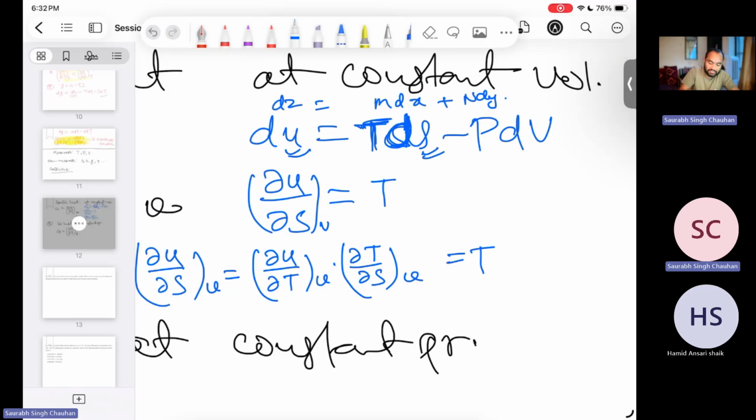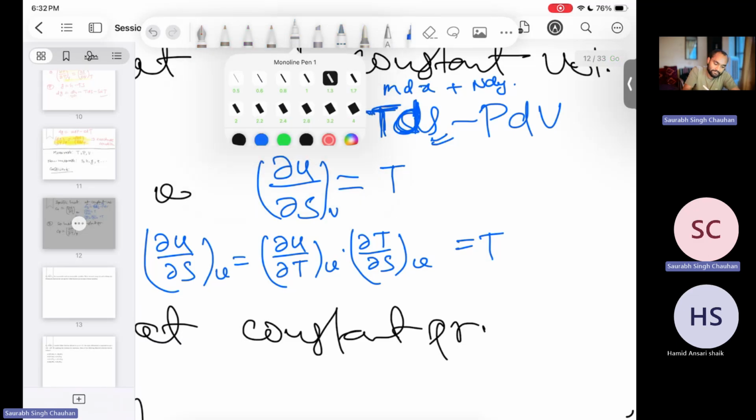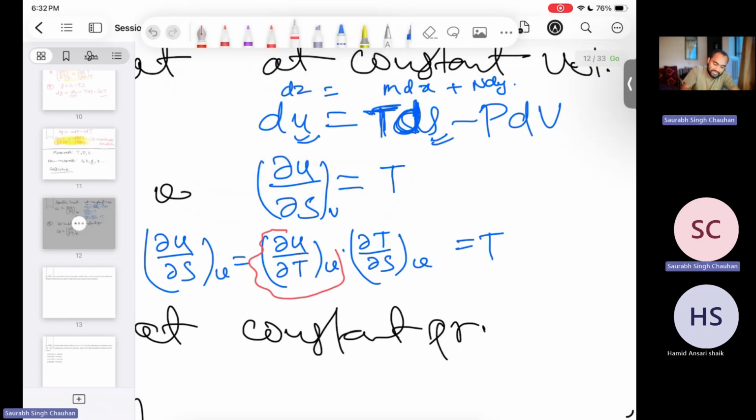This thing was equal to T. And what is this first quantity? This first quantity is CV, right? That is how we defined CV.